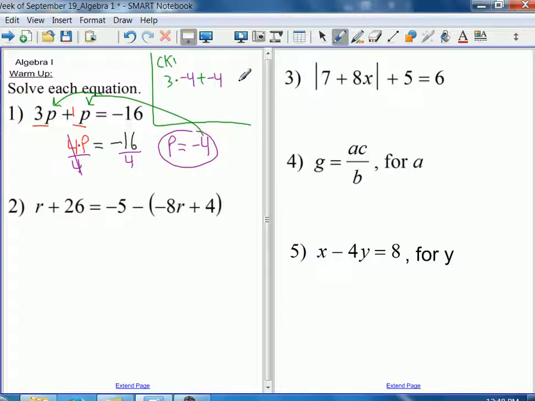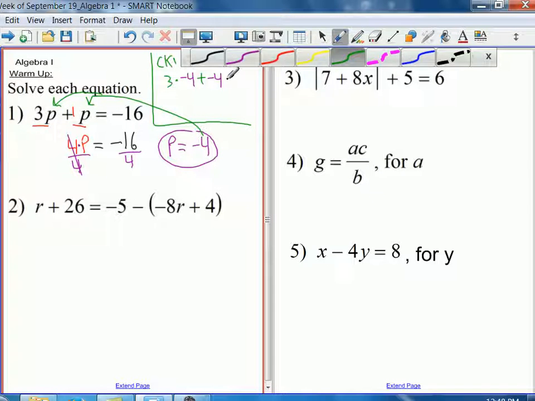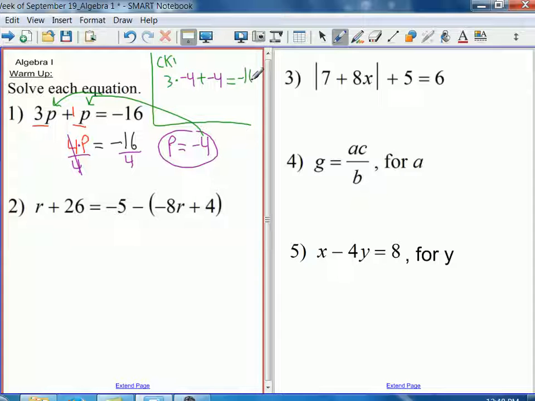All that was supposed to equal negative 16, hopefully. So that's negative 12, 3 times negative 4, plus negative 4, and that actually does equal negative 16. So you have negative 16 equals negative 16, and we know that this is a correct answer.